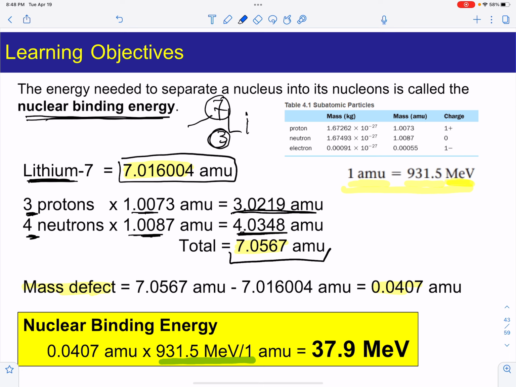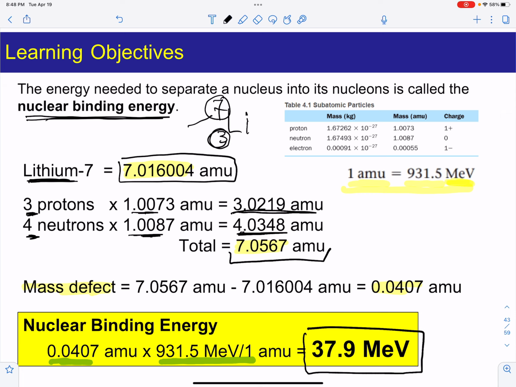We're going to multiply by the mass defect, and this is going to tell us that the energy holding the protons and neutrons in the nucleus together in a lithium-7 nucleus is 37.9 mega electronvolts.